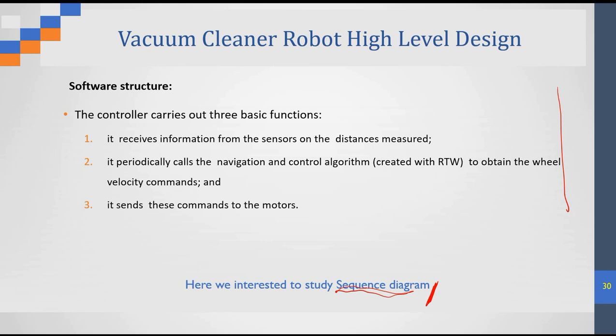As you see, we have a sequence to follow: the first step, second step, third step. So it is important when studying autonomous systems to learn this sequence diagram. It will be the same, but maybe only the components of this sequence diagram will be different.